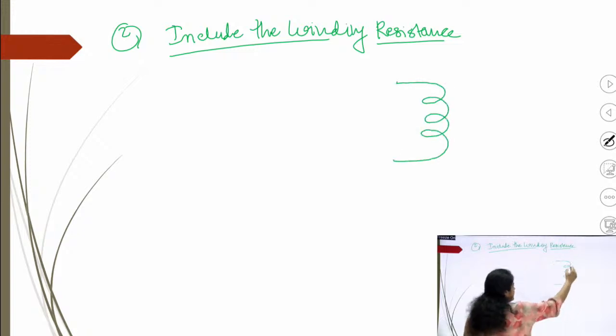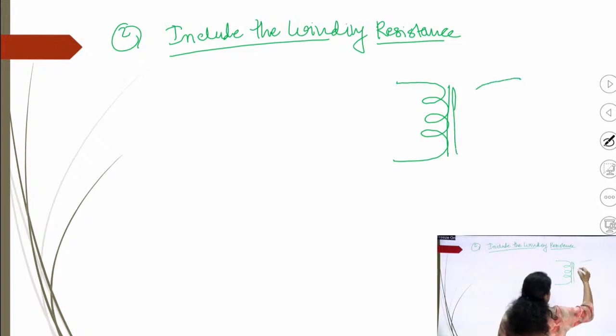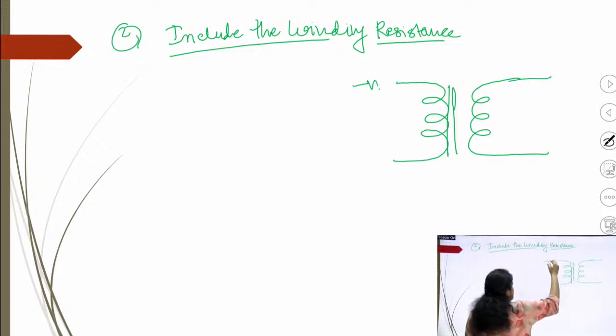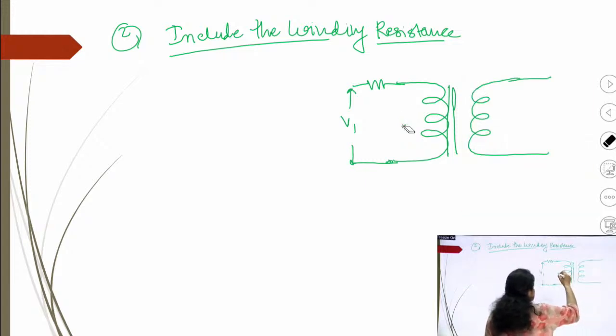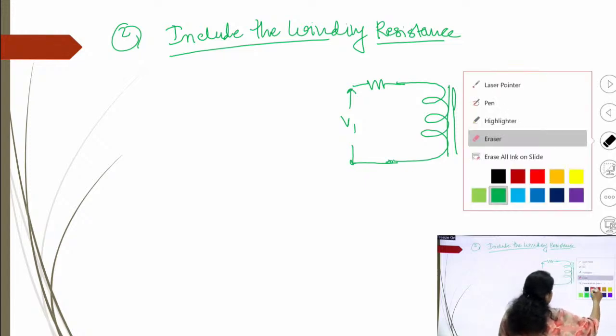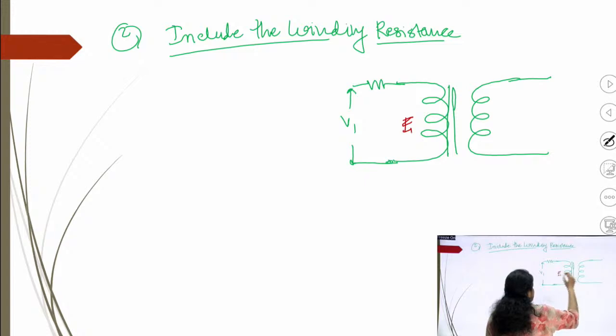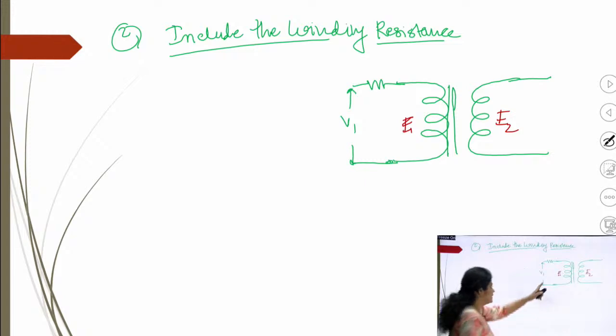So, if you see here, this is a transformer. So, this winding resistance, this is V1, here the E1 will be induced, and this is the E2 will be induced, right. So, when here we consider the winding resistance, suppose R1, now the E1 is no longer equal to the E2, right.